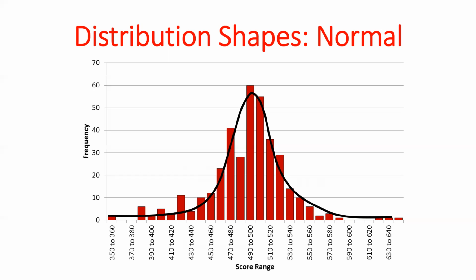That's where the highest bars were. There weren't very many schools that had SAT scores as low as the 300s or as high as the 600s, right? Those are where our lowest bars are. So the bulk of our data is here, and as we move in either direction away from that middle point, the frequencies fall off of seeing those really high or those really low responses.